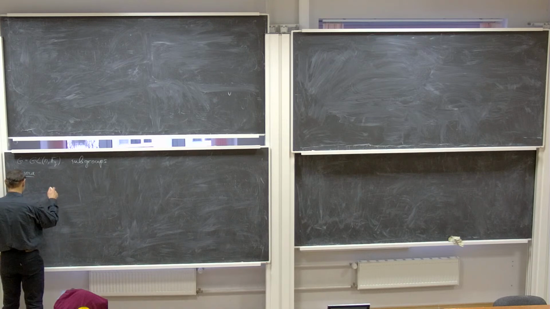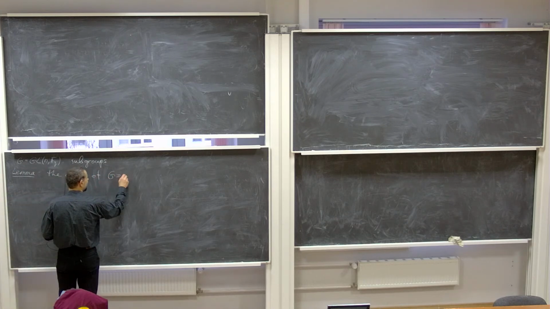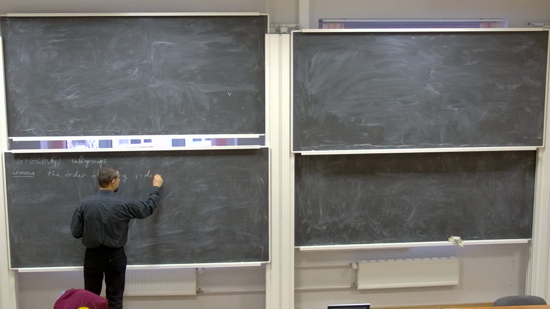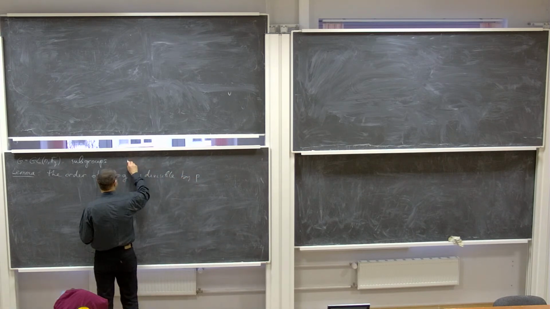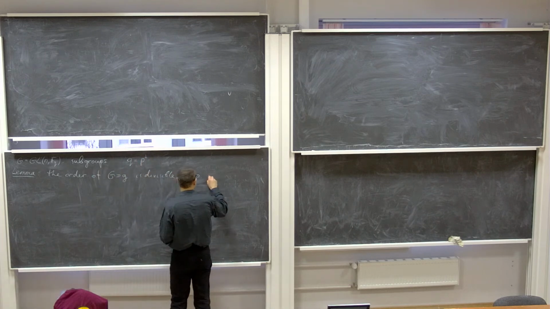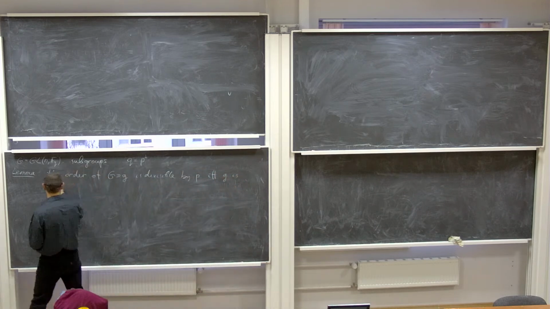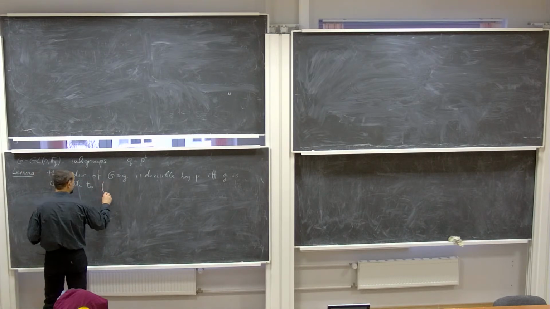So we start with a lemma that the order of an element of our group is divisible by p, that is the characteristic of our ground field, if g is conjugate to an element like this.